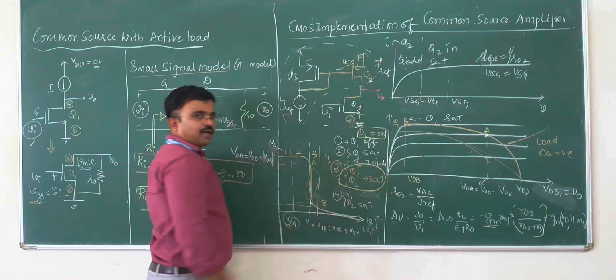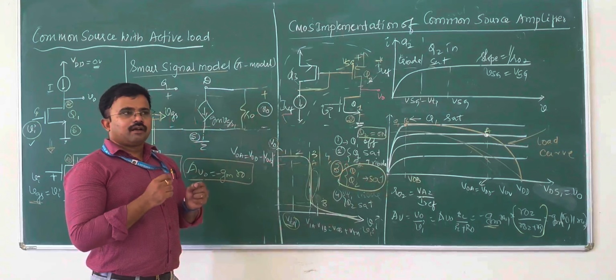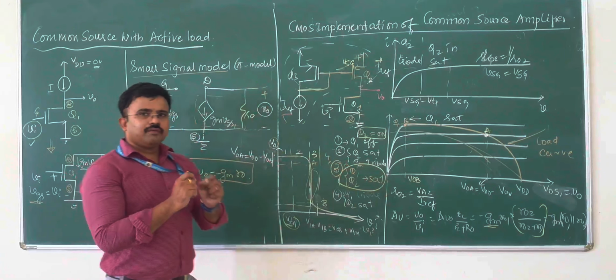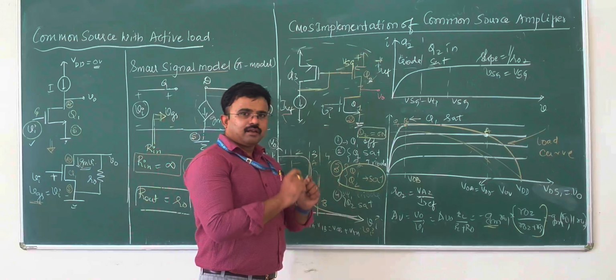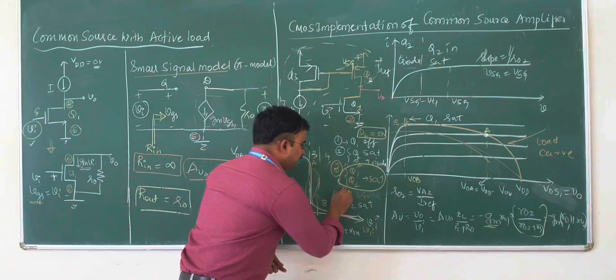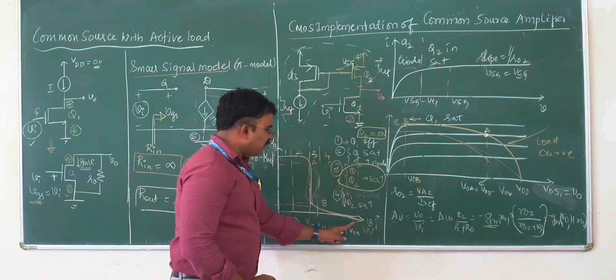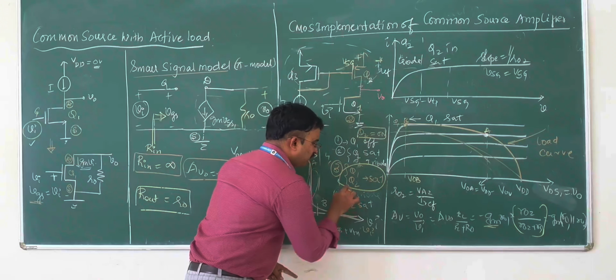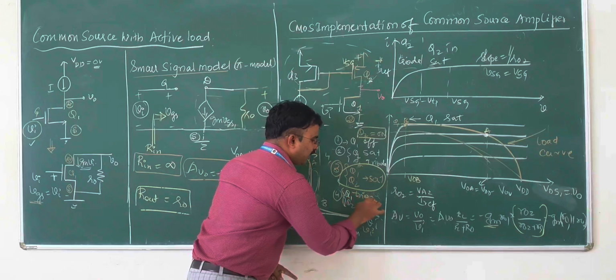This is a very important point. The amplifier action effectively works in region 3, where both transistors are working in saturation. Next, when you increase the input voltage further, Q1, which was in saturation, will enter the triode region.